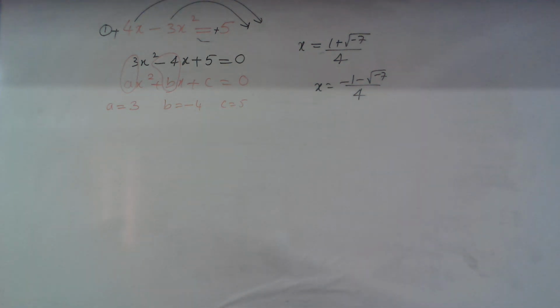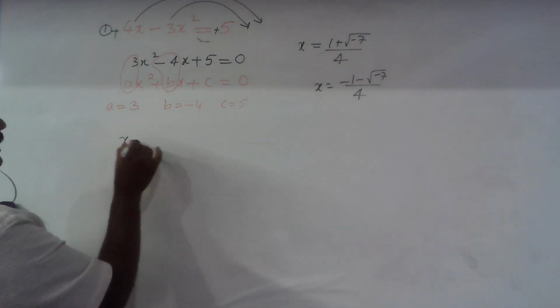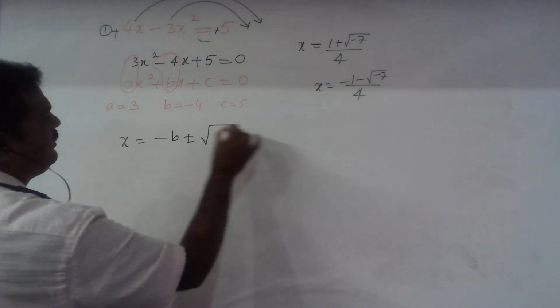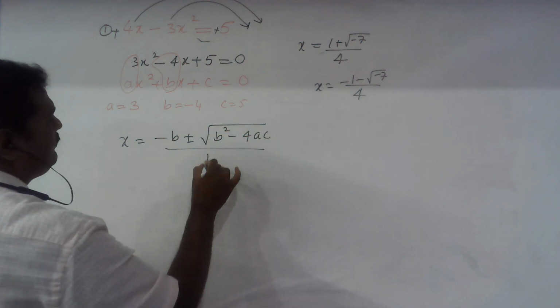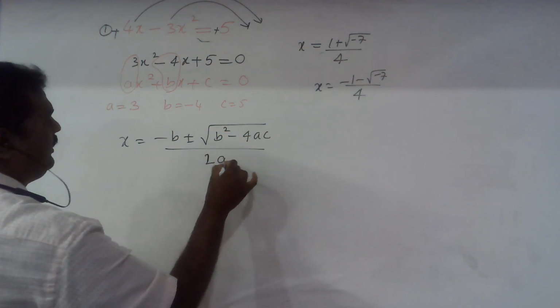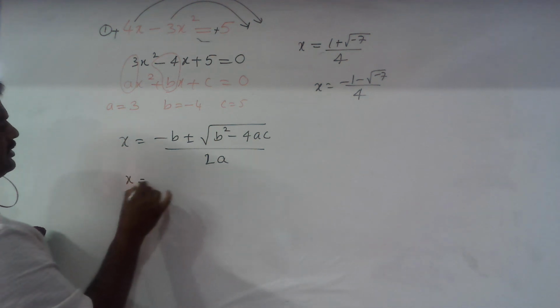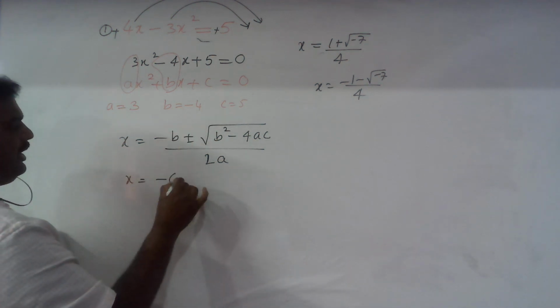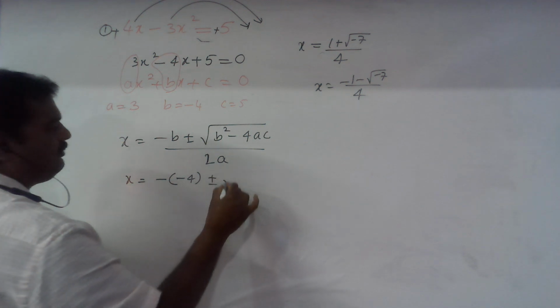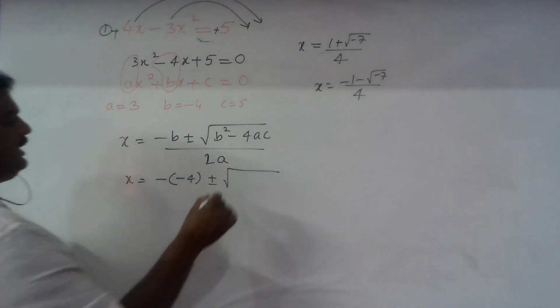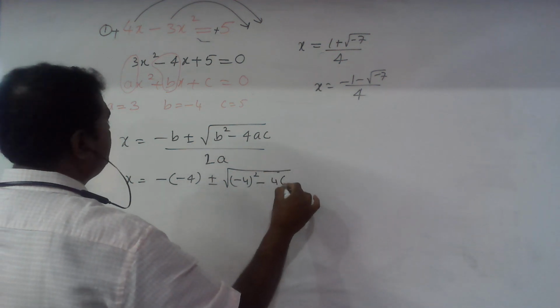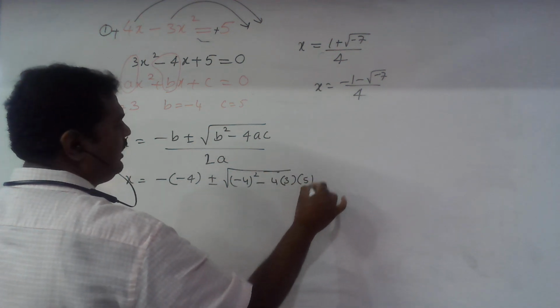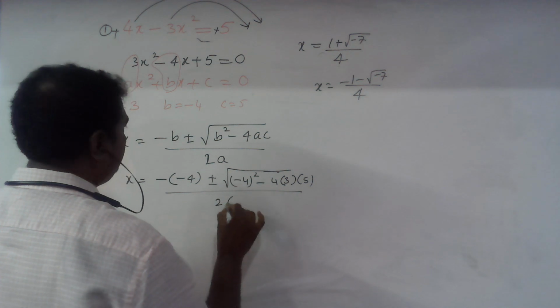So once you get the values of a, b, c, then substitute in the formula x is equal to minus b plus or minus root of b square minus 4ac by 2a. Now substitute x is equal to minus of b value, minus 4, plus or minus root of b square, minus 4 whole square, minus 4 into a value 3, c value 5, whole divided by 2 of 3.